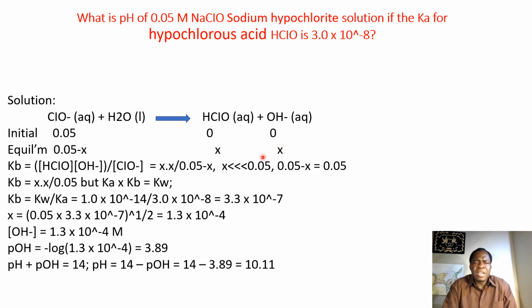This is a partial dissociation of the acid. Here is the equation. Stoichiometry-wise, we start with an initial 0.05, but in solution the NaClO will give you the ClO minus ion, which will combine with H2O to form hypochlorous acid and hydroxide ion.